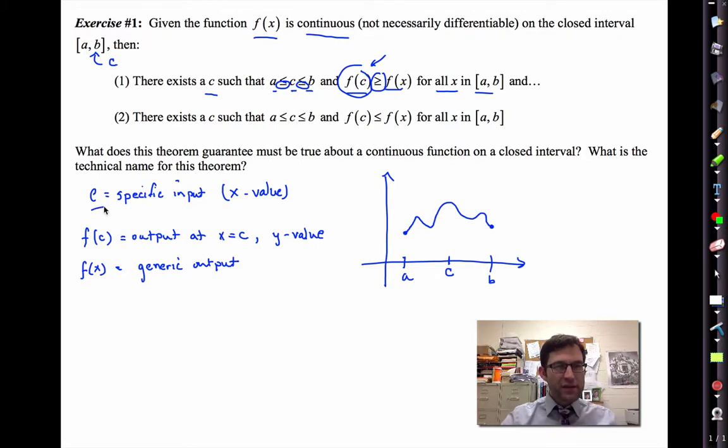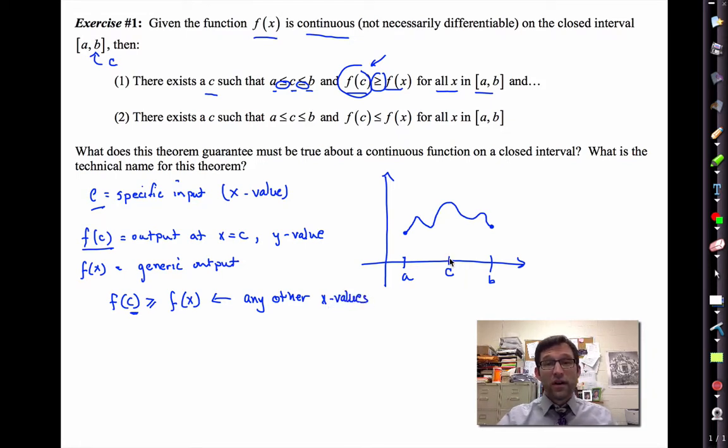So there's some x that gives us a y such that the y value at that x value is greater than or equal to the y value at any other x value. Actually, that even includes x equals c. So yes, there is a y value that is bigger than all the rest.